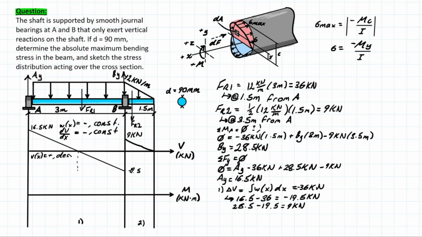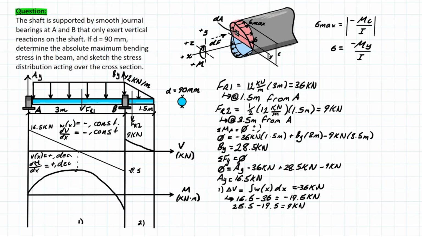Now, when we jump down to the moment, we have a relationship for the shear distribution, and we can see that we have a positive value currently for this segment, but it is decreasing. So we can suggest that for the moment, or the slope of the moment diagram, we are going to have something very similar, positive and decreasing. So it's going to look something like that. And then similarly for the other side, you have negative decreasing. Therefore, this is also going to be negative and decreasing.